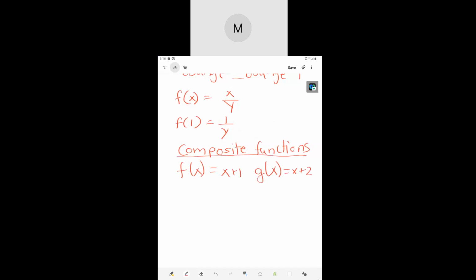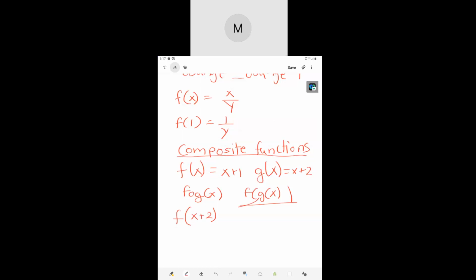When we talk about composite functions, the notation is something like this, f circle g of x, or you can also see it as f of g of x. We're trying to find a composite of g in f. And always in these kinds of questions, we have to start from the inside. If I'm trying to find f of g of x, the first thing I'll do is substitute the inside and call it f of x plus 2.